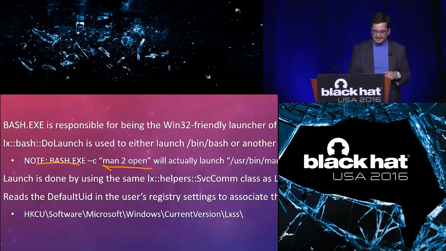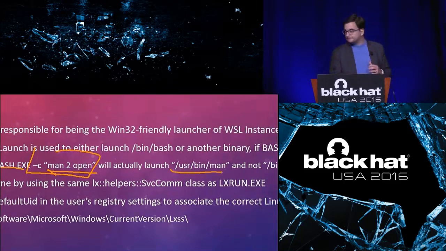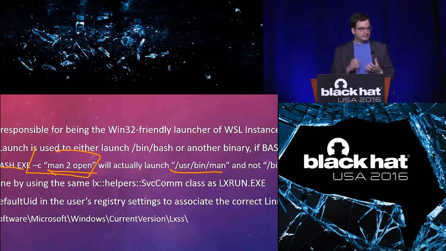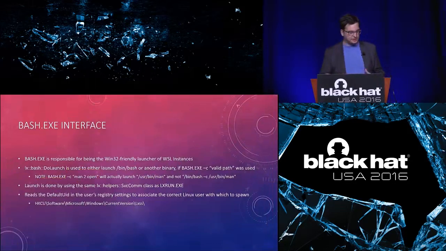The bash.exe itself will understand what this means, and it'll just launch man directly. So if you use bash.exe -c, it creates the instance and launches whatever binary you put in there. It's not routed through bash.